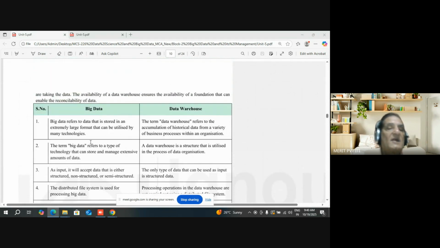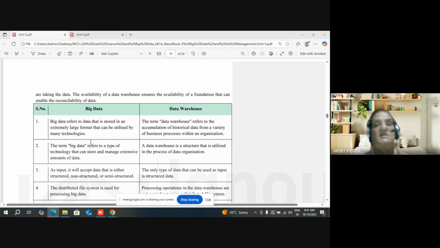So big data refers to data that is stored in an extremely large format that can be utilized by many technologies. They refer to the accumulation of such data from a variety of business processes within an organization. The term big data refers to a type of technology that can store and manage extensive amounts of data.